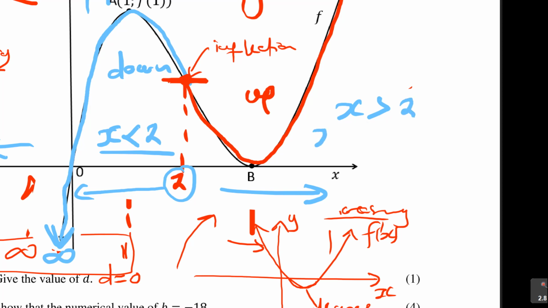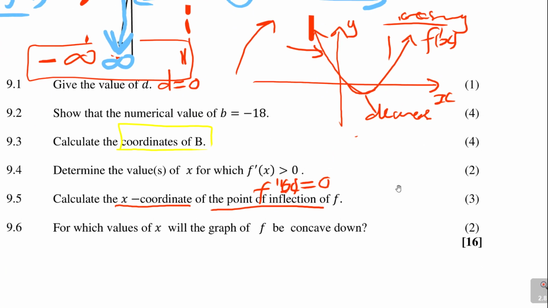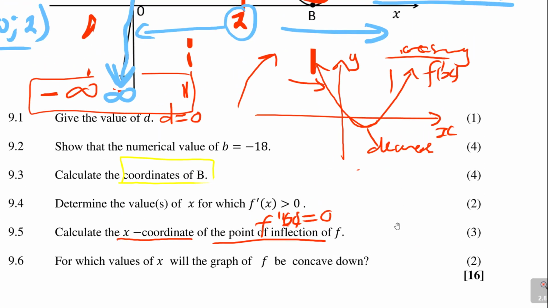Or you're going to say x is an element, because going to the right is greater, element of 2, but the graph continues. Remember, it's increasing to infinity, so up to infinity. Those are how you analyze these graphs, and it helps you to easily have a picture of what is happening.